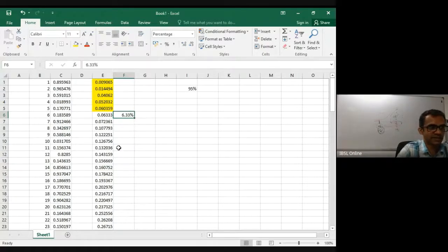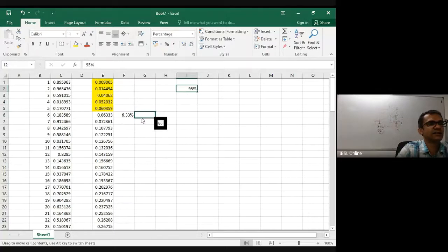So it need not necessarily be 100 days or 100 weeks or 100 years. You can take whatever, but if you take 200 days, you have to omit 10 observations from here to get the 95% confidence level. If you want 99% confidence level, you omit only the last one.